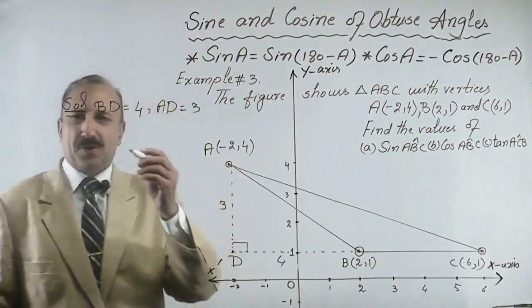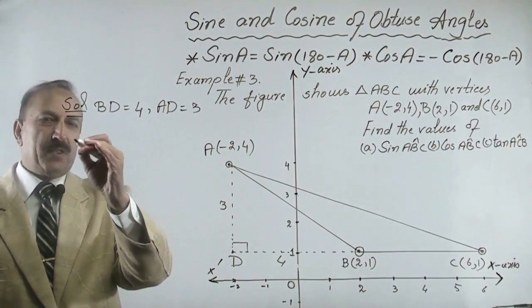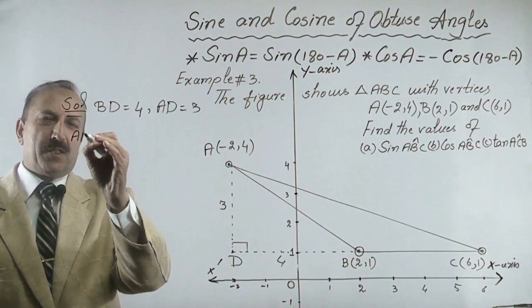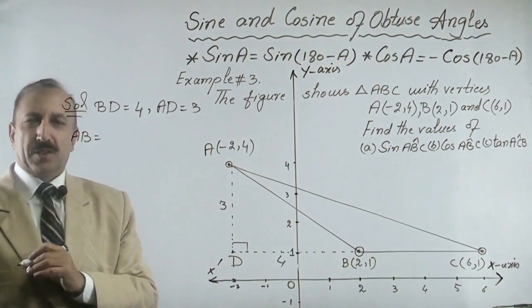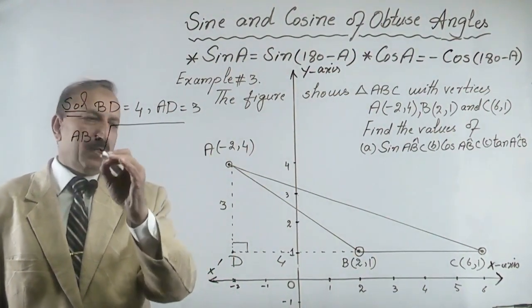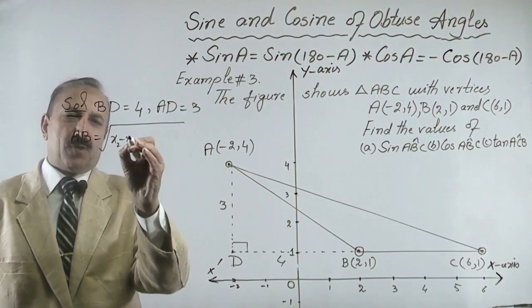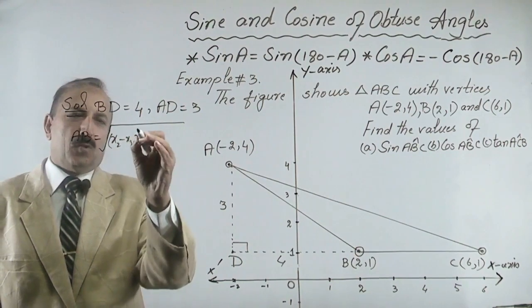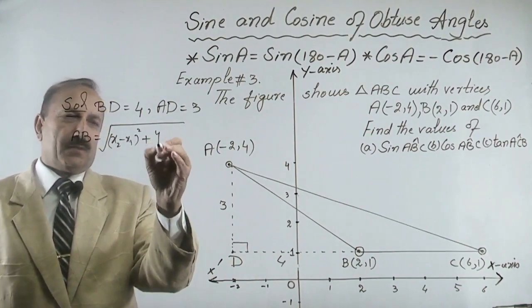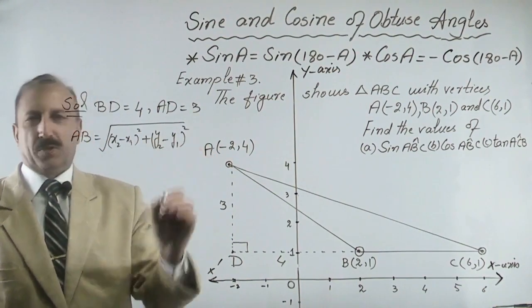And here is the process, my dear students, to find the distance between the point A and B. This is distance AB. We will use the distance formula here, and that is square root of x2 minus x1 whole squared plus y2 minus y1 whole squared.